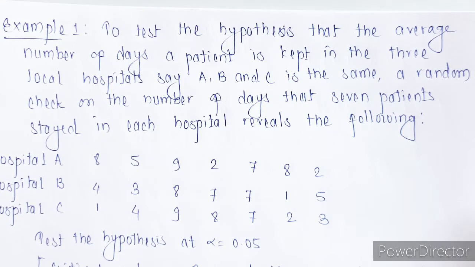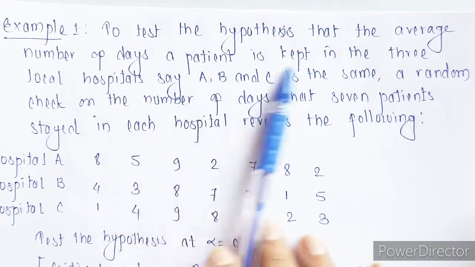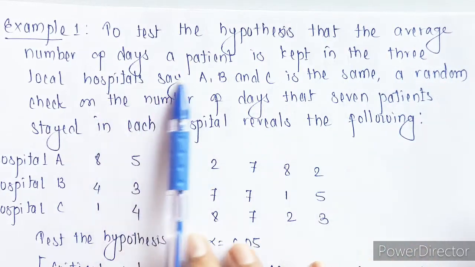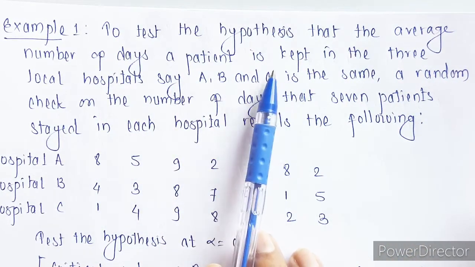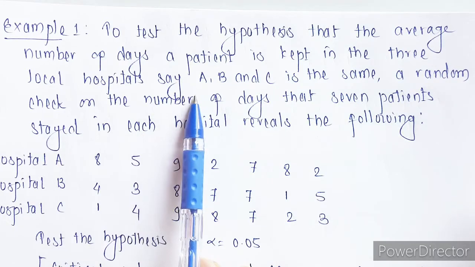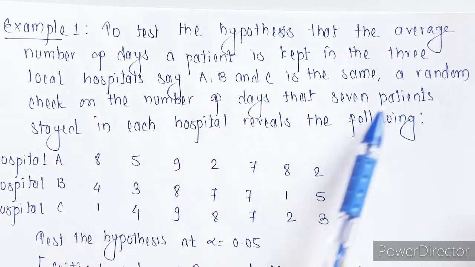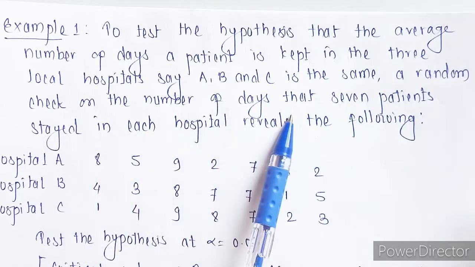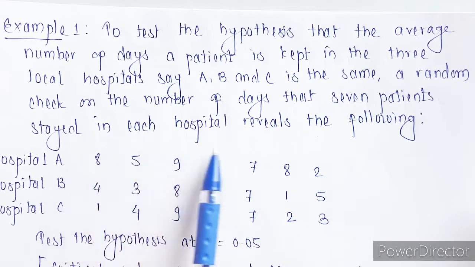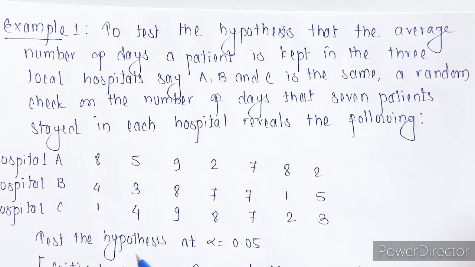Let's solve this problem. Here we have to test the hypothesis that the average number of days a patient is kept in the 3 local hospitals A, B and C is the same. Now a random check on the number of days that 7 patients stayed in each hospital reveals the following. The number of days of 7 patients who stayed in these 3 hospitals is given.